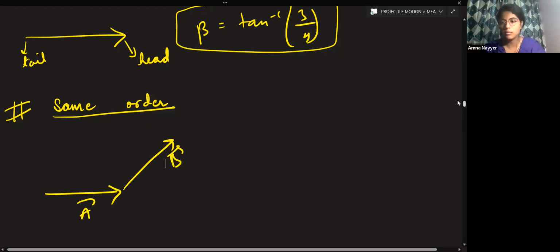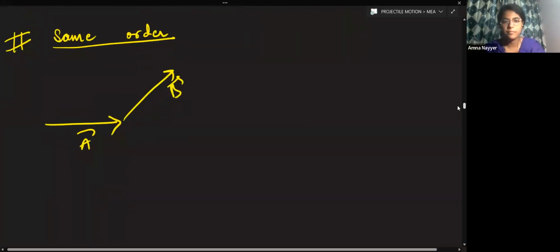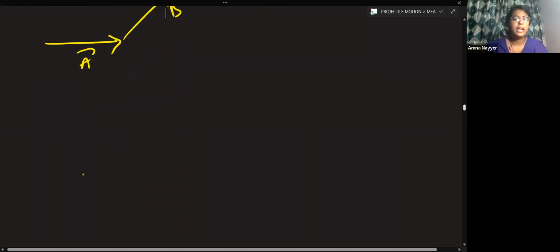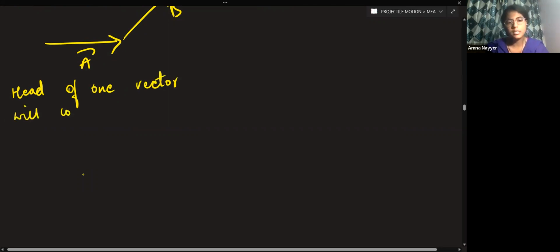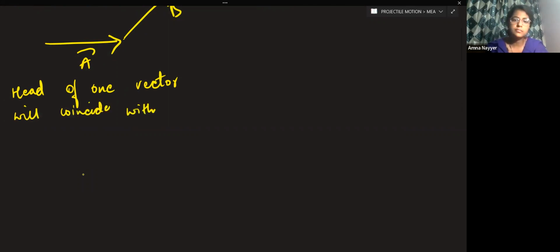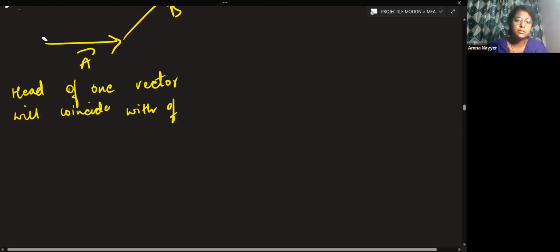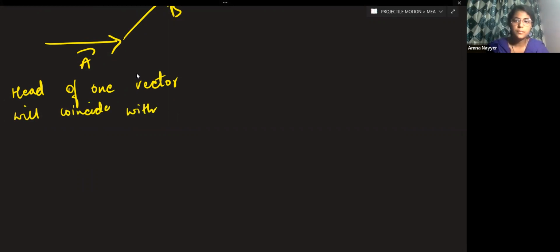I'll write down this point as well. Head of one vector will coincide with tail of another.